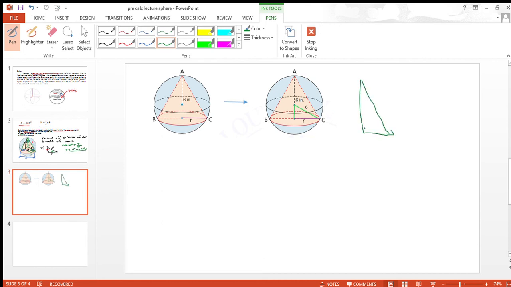Okay, we have labeled this as H, we have labeled this as L, which is of course equal to 2R, and we have said that this will be 60. But again, para hindi na natin gamitin actually itong triangle na to, we can go back and use the small triangle here.